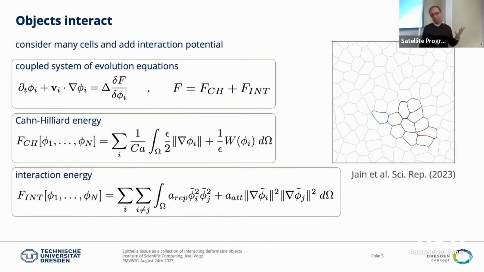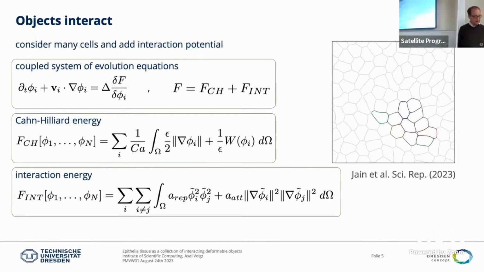Maybe some comment on how we do this. Each cell is solved on one processor, and then we need communication between them, and the algorithm scales with the number of cells, at least in the order of 1,000 cells, even if I only show results with around 100 cells.